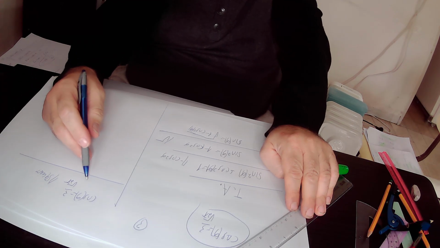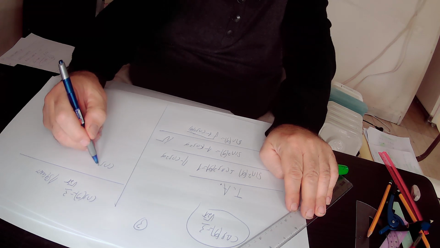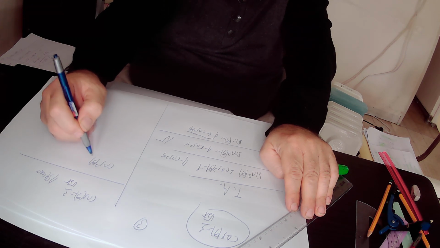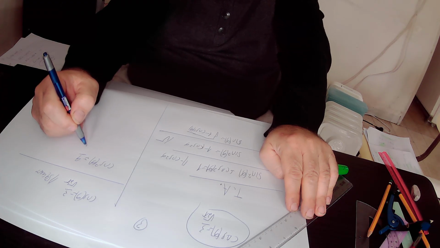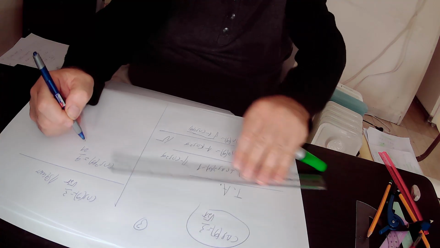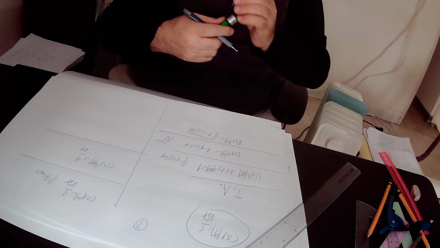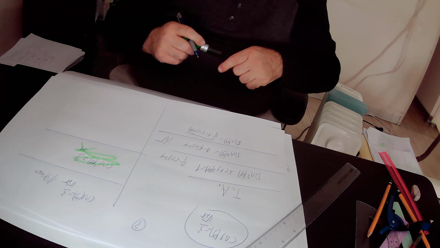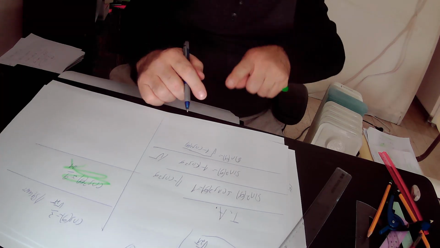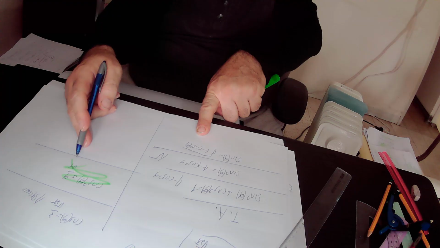So on this side of the equation we get cosine square alpha equals 3 squared is 9 over square root of 21 squared is 21. So in total cosine square alpha equals 9 over 21. Now we can substitute cosine square alpha in this trigonometric identity by 9 over 21.